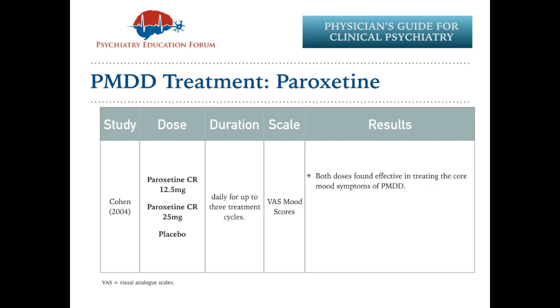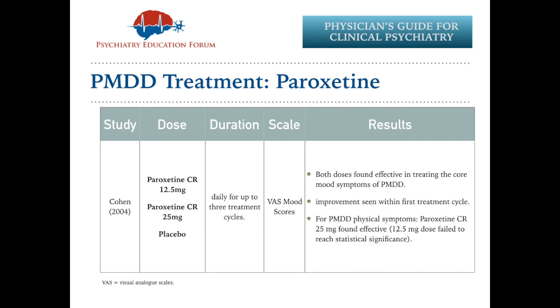What did they find? Well, both doses were found effective for mood symptoms, as expected, and improvement was seen within the first treatment cycle. Onset of response was again faster, and only the 25 milligram dose was found effective for physical symptoms.